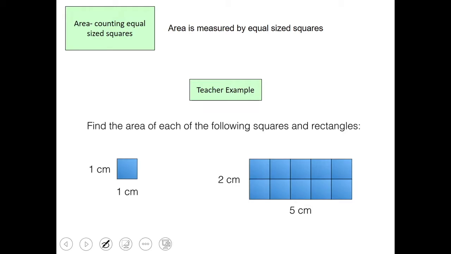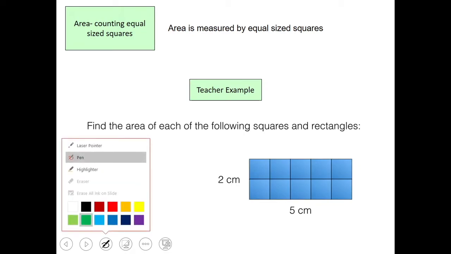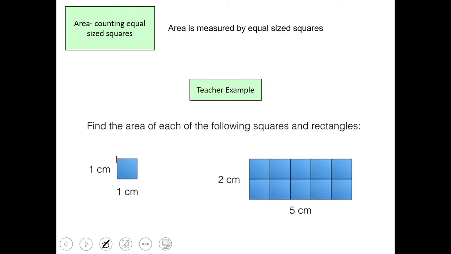So one way to measure the area is by looking at squares, just as we did with the perimeter. So we can look at 1 by 1, which means a 1 centimeter by 1 centimeter square, and see how many times this fits into a shape. On the right hand side we've got a rectangle shape, which is 2 centimeters by 5 centimeters.